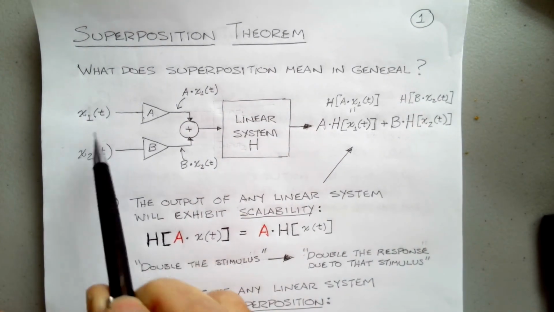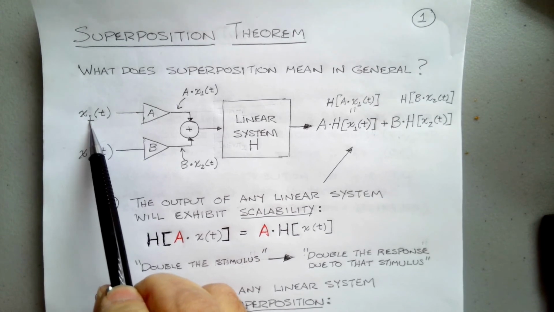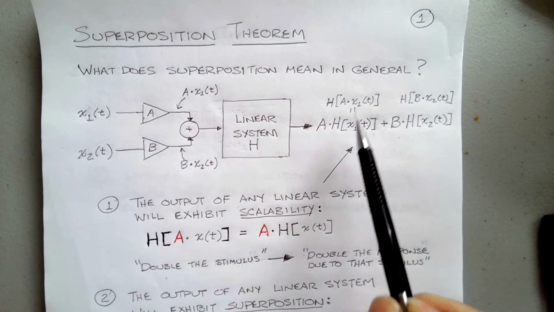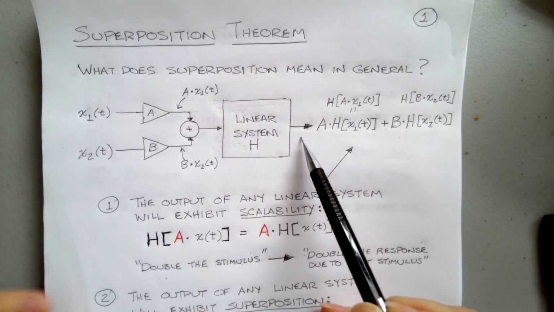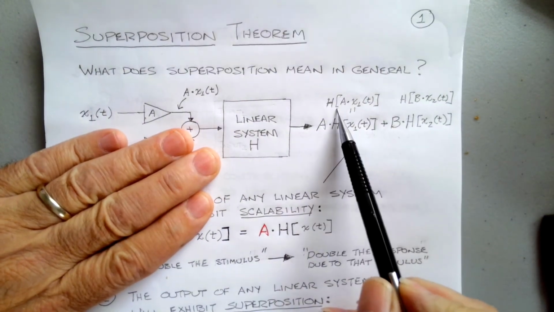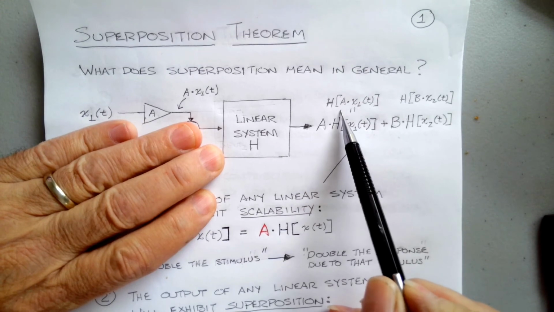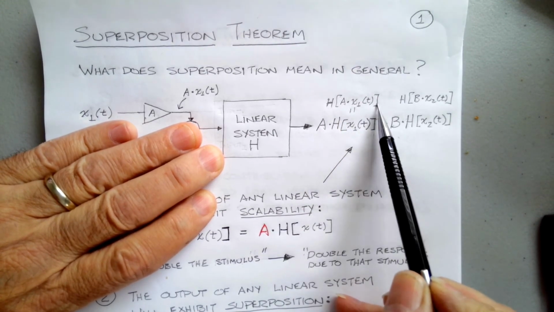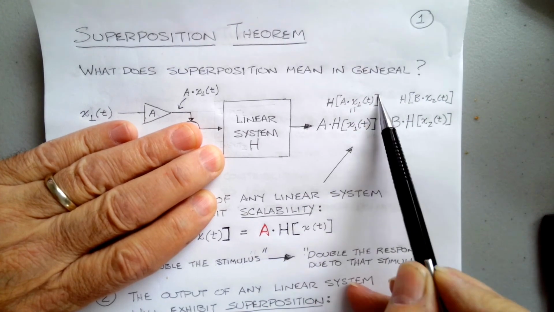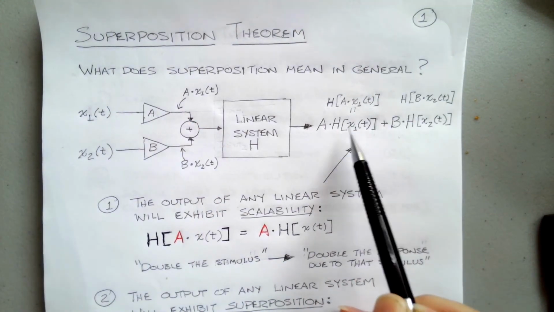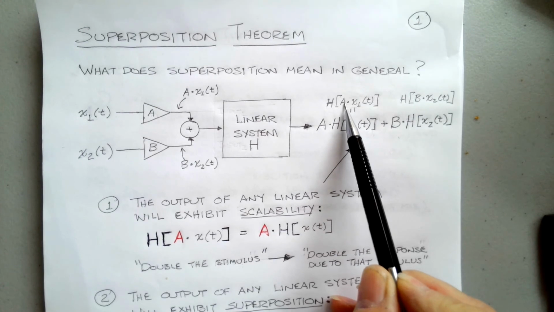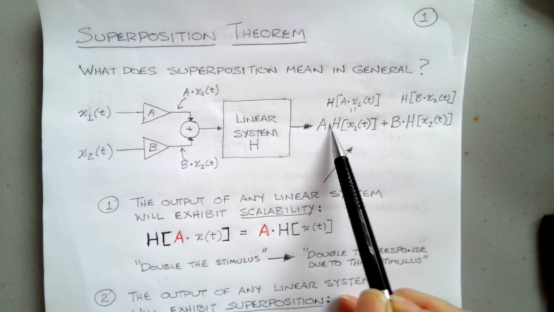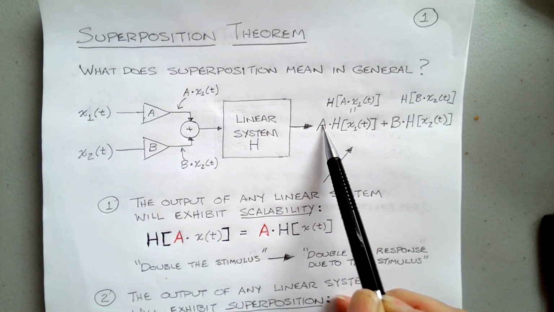So if I were putting in x1 of t, multiplying by a, I'd have a times x1 of t, and I'd expect, apart from any of this other stuff, that I would have H of a times x1 of t. There's my input, there's my output. It turns out in a linear system, if I multiply the input by a factor of a, I could take the output of the original signal and multiply it by a factor of a.